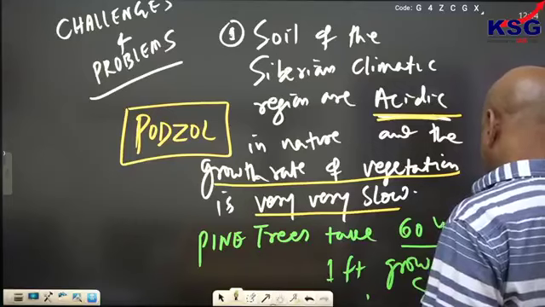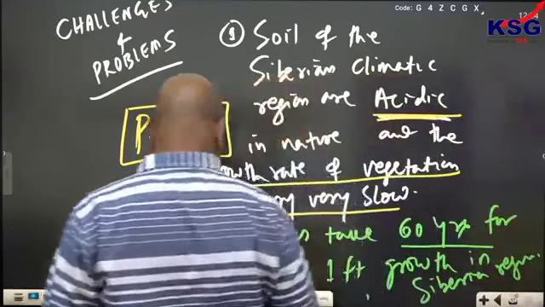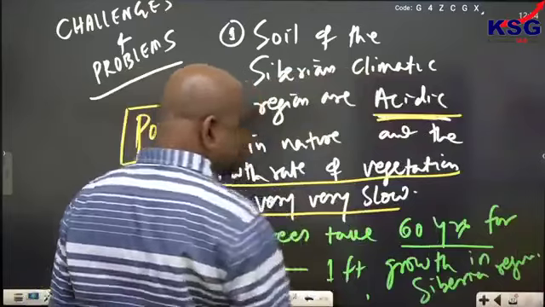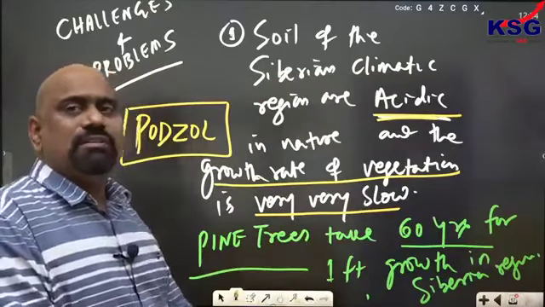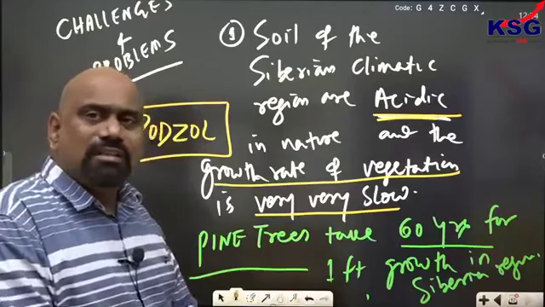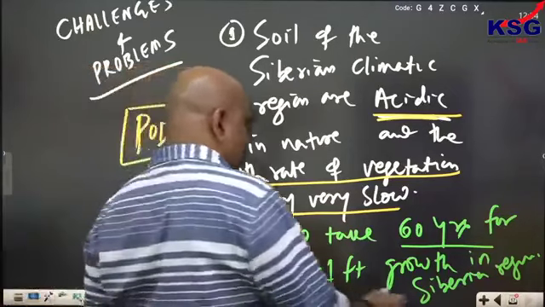The growth rate, because it is very slow, is a problem. Once deforestation happens, regeneration of the forest takes a long time.